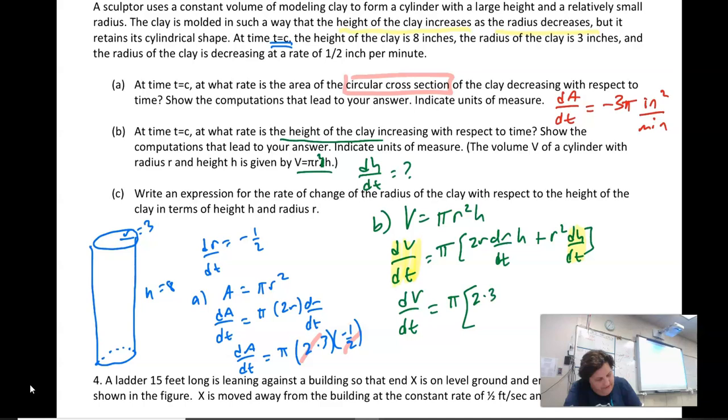R was 3. dr/dt is -1/2. And then h, which was 8, plus r squared dH/dt. So I'm missing two different things. Since it's asking me for dH/dt, I should be able to find dV/dt.